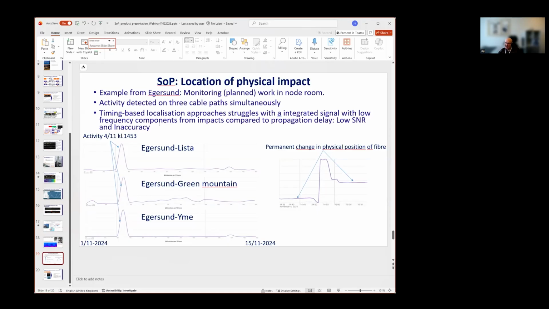That is 10 milliseconds. So the delay through the fiber is a small fraction of the period of the signal, meaning that you will need a very high signal-to-noise ratio to be able to detect it. You don't have a high signal-to-noise ratio if you go through this. So it's very difficult to use this timing-based approach for the normal polarization variations in the fiber.